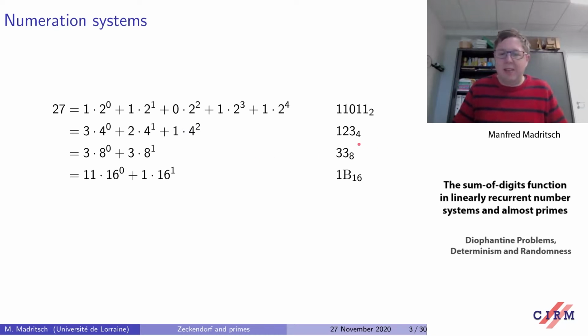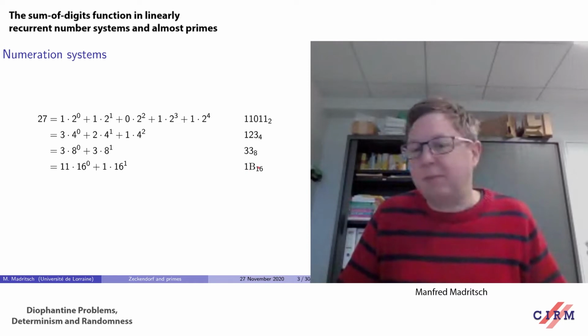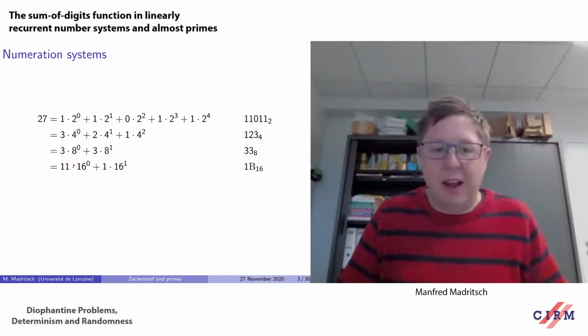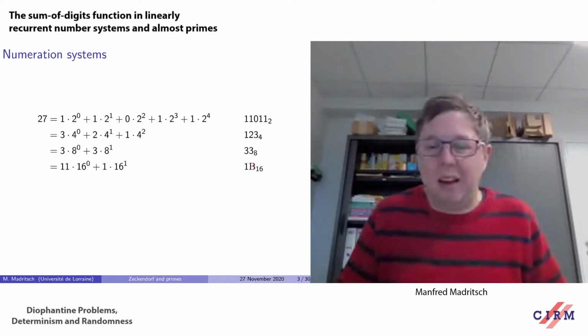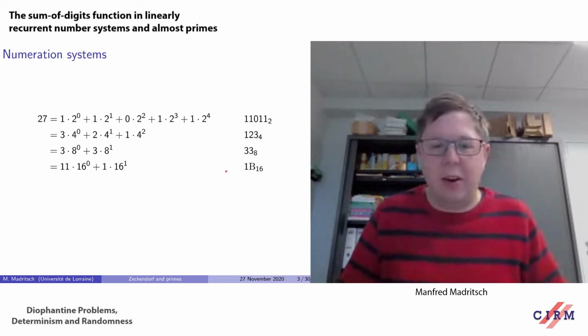And in base 8, you combine 3 digits. So you have 1, 1 giving 3, and here you have also 0, 1, 1 giving also 3. And in base 16, for example, you have 11 plus 16, and since we only have 10 digits, I wrote B, so A for 10, B for 11, and so on.